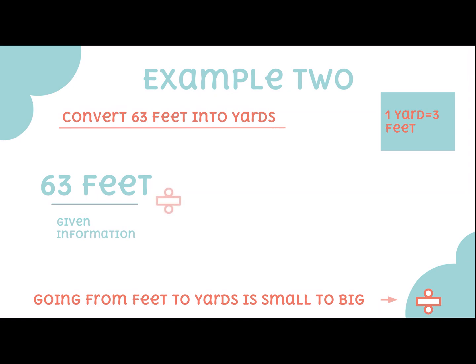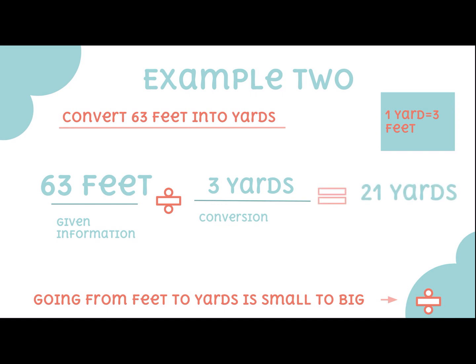We're going to divide, because it's small to big, by the conversion, which is 3 feet in a yard, which just gives us 21 yards. So all we're basically doing is taking the given information, then either multiplying or dividing it by the conversion that's given, and then we're getting our answer.